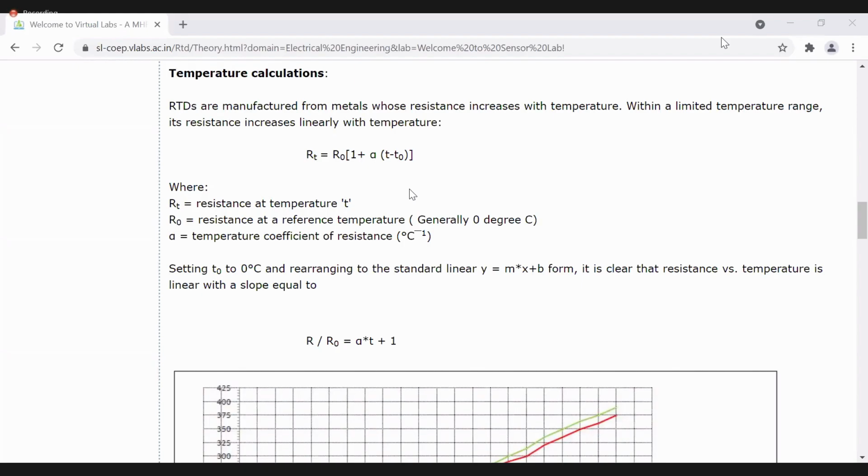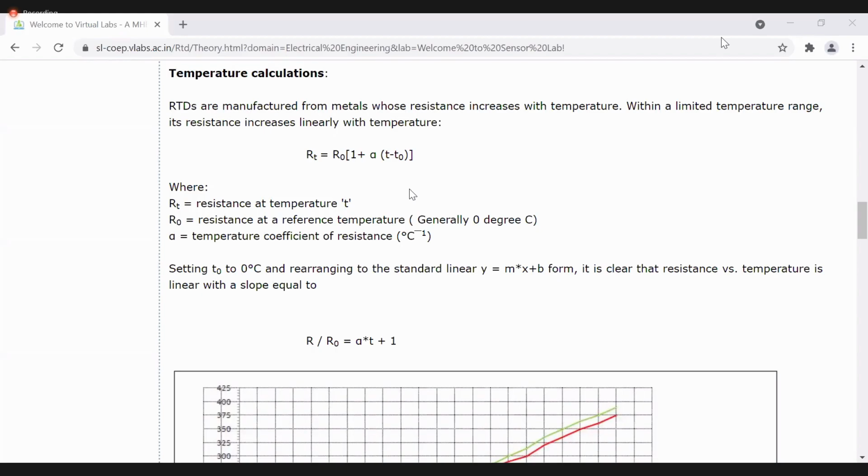So if you are purchasing an RTD from a shop, with that RTD he will give you a manual. On that manual, the manufacturer will give this information. So no need to keep our RTD at 0 degrees Celsius to measure its resistance, because the manual has that information that we can consider as R naught.